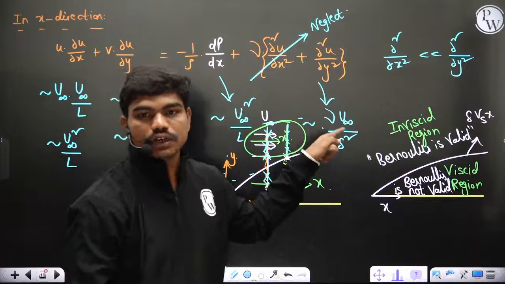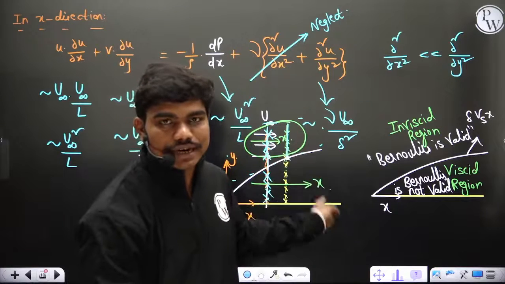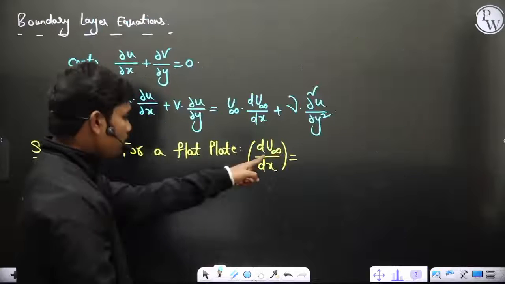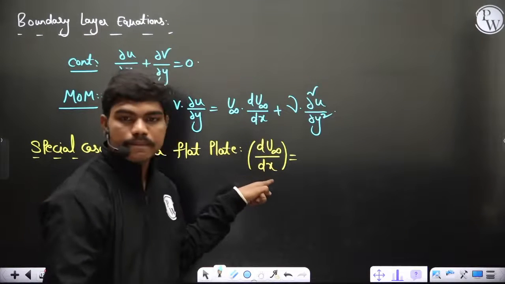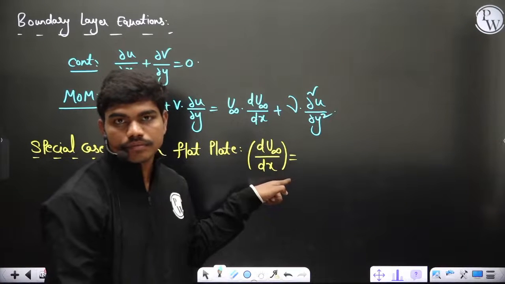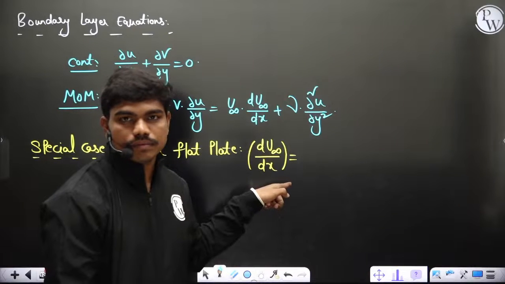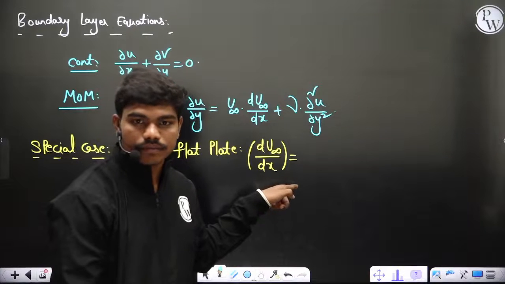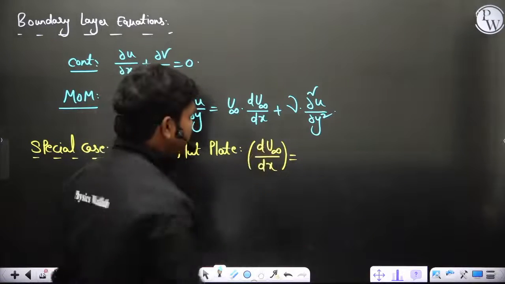U infinity is constant, correct? Yeah, u infinity is constant in the case of a flat plate. If u infinity is constant, what is this term? It is 0, right? Because this is constant, so the derivative is 0.